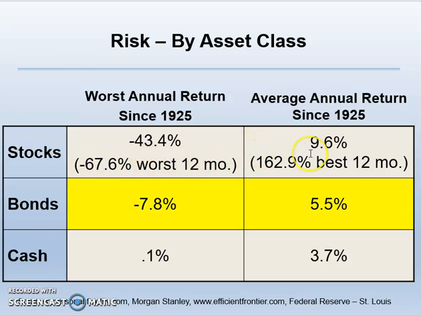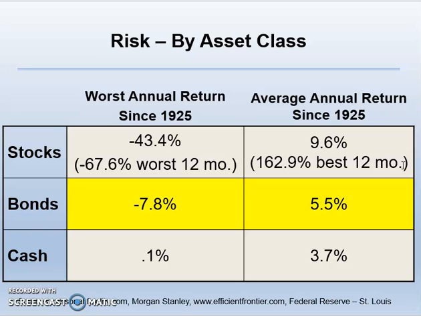On average, it goes up 9%, and the best 12 months was 163%, roughly. What's really interesting to note, and this is really important, this best 12 months happened right after the worst 12 months. So people that kept selling and selling and selling missed out on this going up.